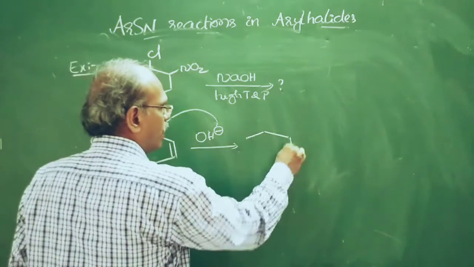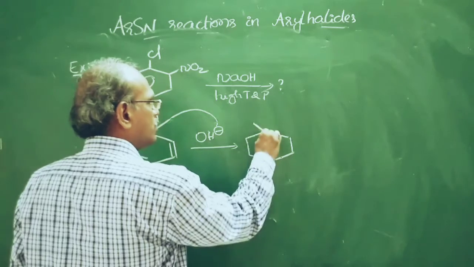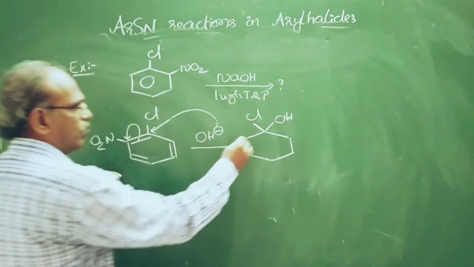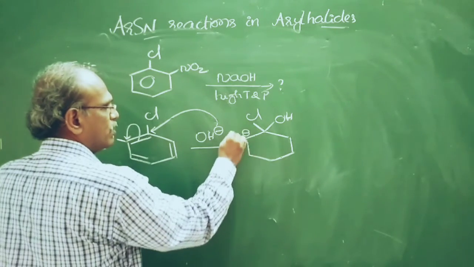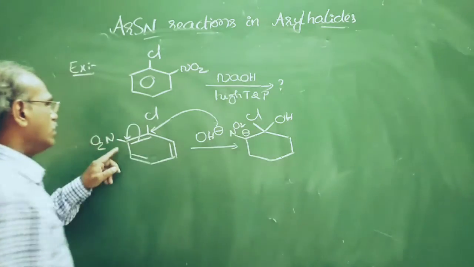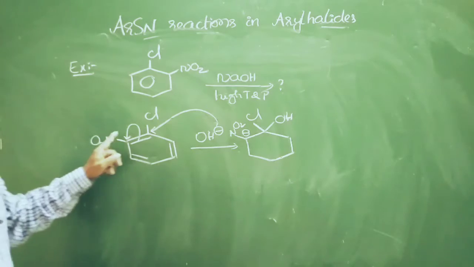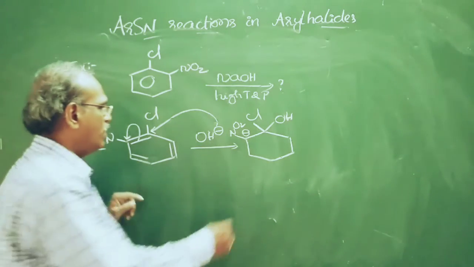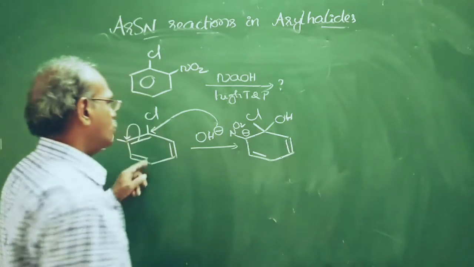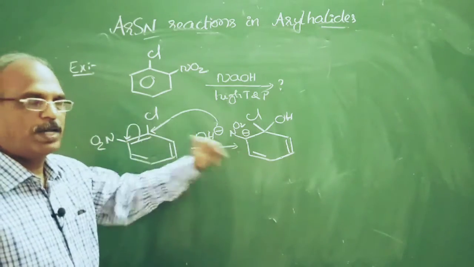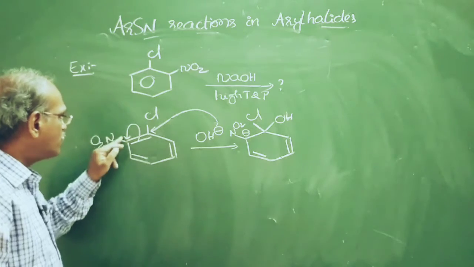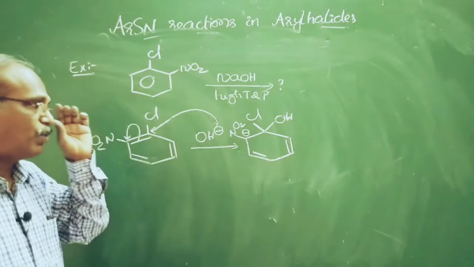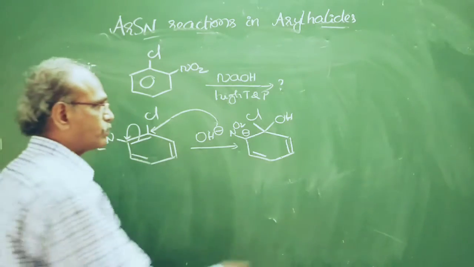Because of that, what happened? See, Cl, OH. Here this carbon is getting minus. This electron withdrawing group can stabilize the carbanion. That's why here it can follow the carbanion mechanism. But in absence of this, we have to follow the benzyne mechanism. That is the point to remember here.